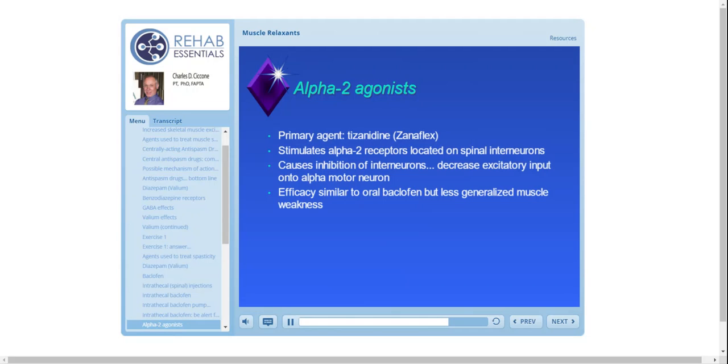The goal is to decrease the excitatory input onto the alpha motor neuron so that there's less outflow from this alpha motor neuron out to the muscle. These drugs seem to be about as effective as oral baclofen, but perhaps with less generalized muscle weakness.